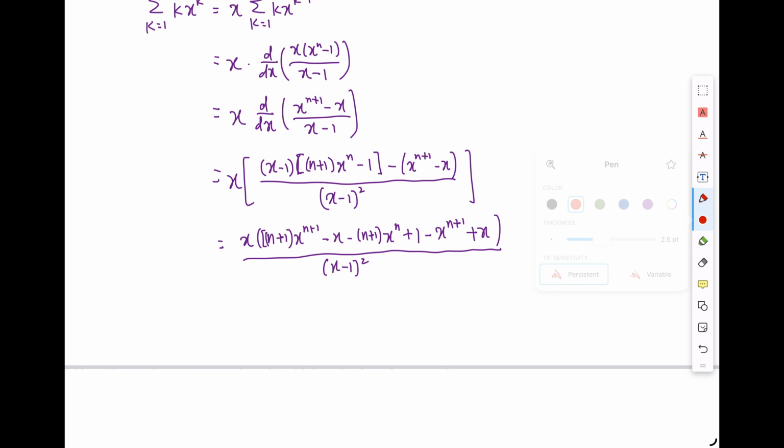And I will see that this x cancels this x. This n plus 1 minus 1 times this n plus 1.